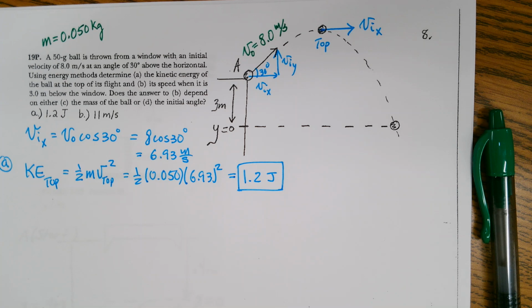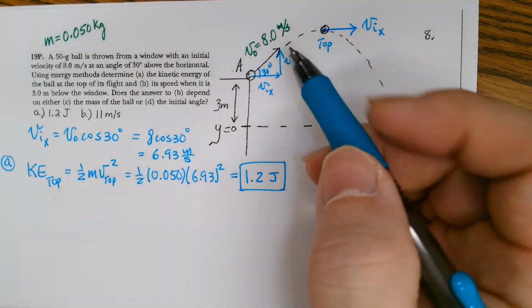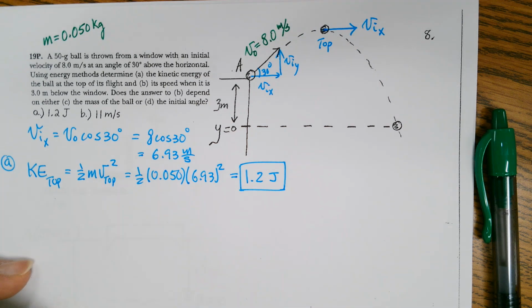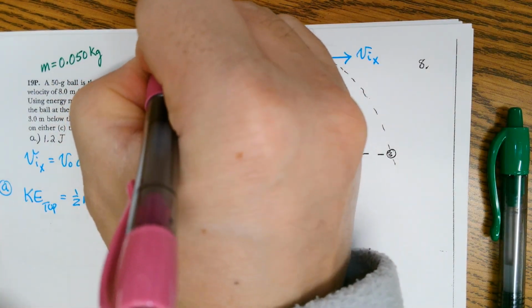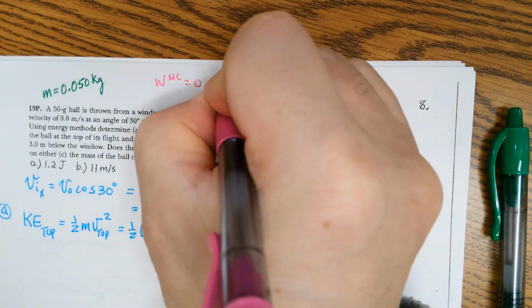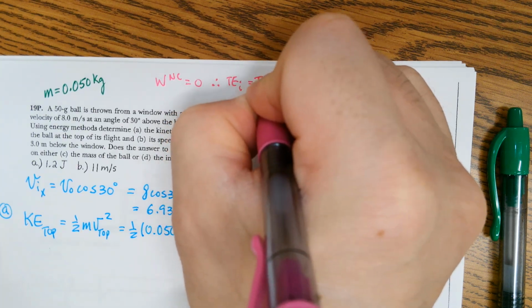What about part B? Its speed when it's 3 meters below the window. Well, we know there's no work done by air resistance, right? This is being done in a vacuum, so let's understand that first. So work done by non-conservative force is 0, therefore total energy initial is equal to total energy final.